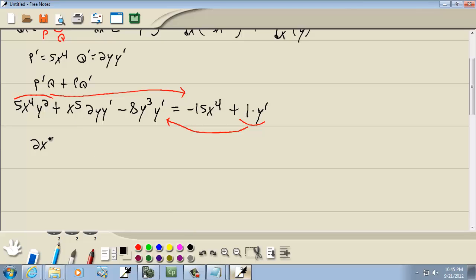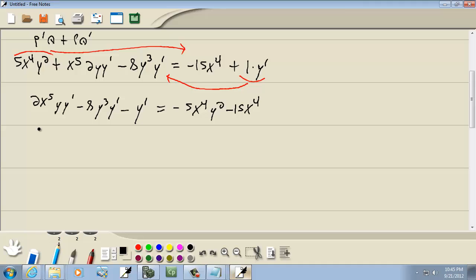So that's 2x to the 5th y y prime minus 8y to the 3rd y prime minus y prime equals negative 5x to the 4th y squared minus 15x to the 4th. Well, I want to factor out a y prime, and that leaves us 2x to the 5th y minus 8y to the 3rd minus 1 equals negative 5x to the 4th y squared minus 15x to the 4th.